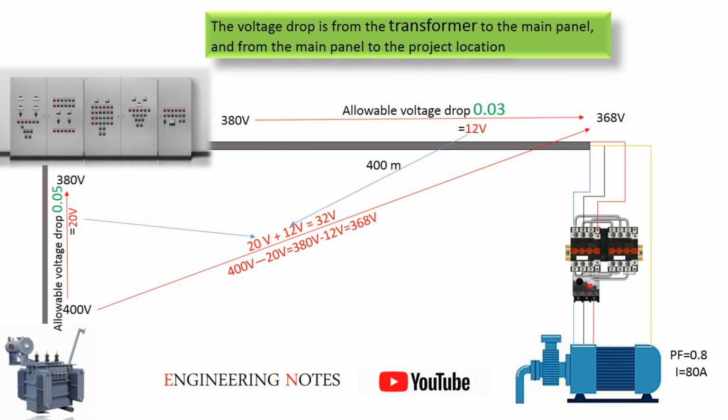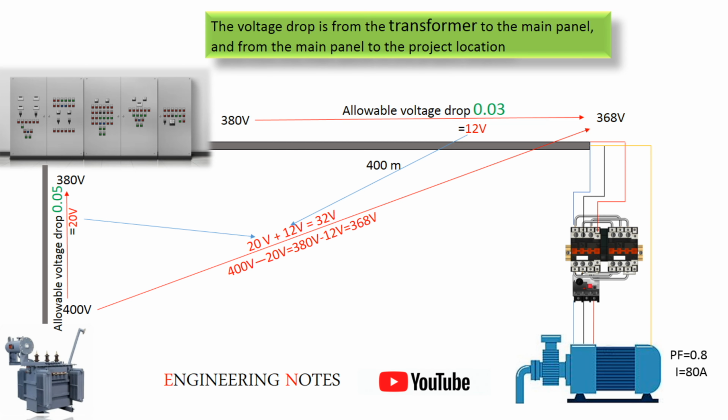So, we subtract this 20 volts from the 400 volts available at the transformer, and the voltage at the main panel becomes 380 volts. From the main panel to lighting loads, the allowable voltage drop is 3%. 3% of 380 volts equals 12 volts. We then subtract this 12 volts from 380 volts, and the voltage at the equipment terminals becomes 368 volts.